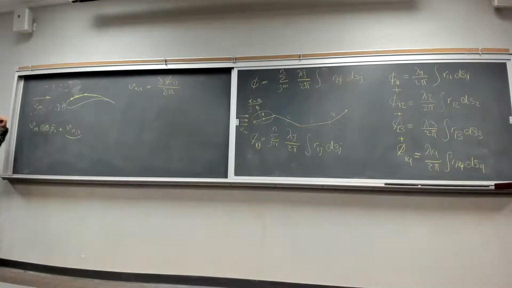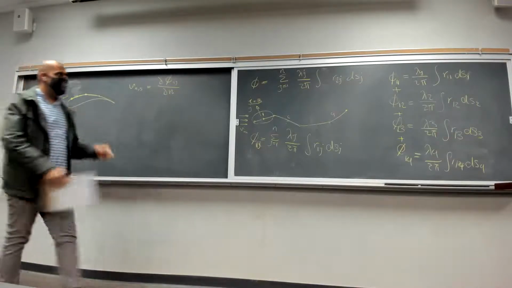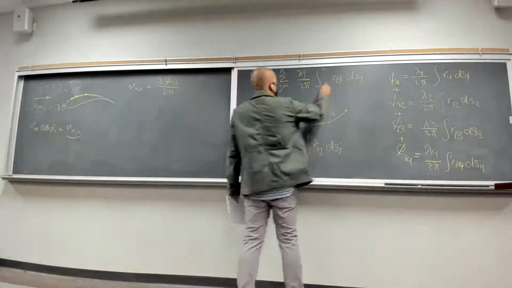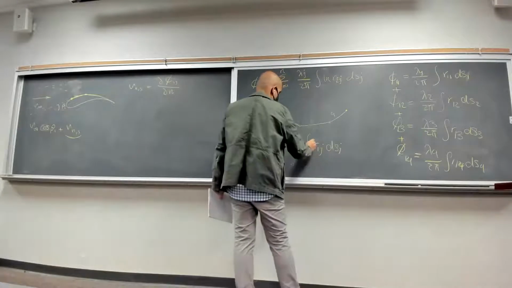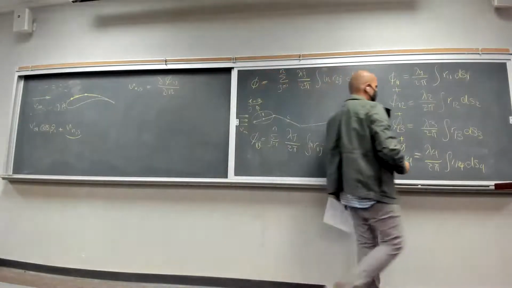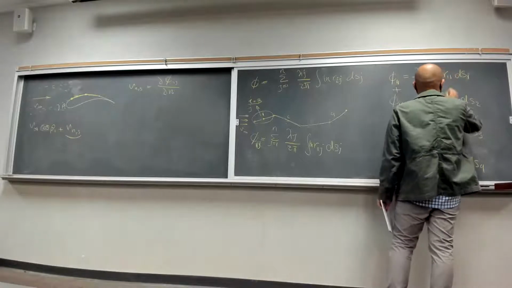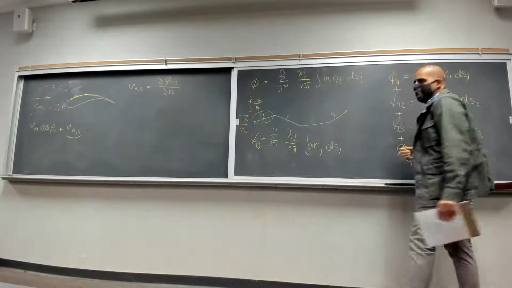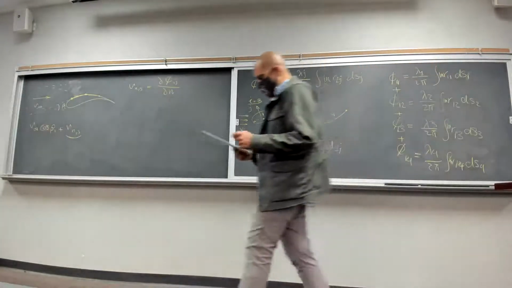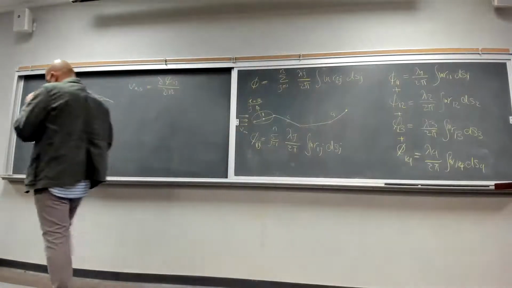Okay, I just caught one mistake here. These are all natural log. So if you don't have natural log in your analysis, this is the natural log of r, right? I'm sorry that I didn't catch this sooner.